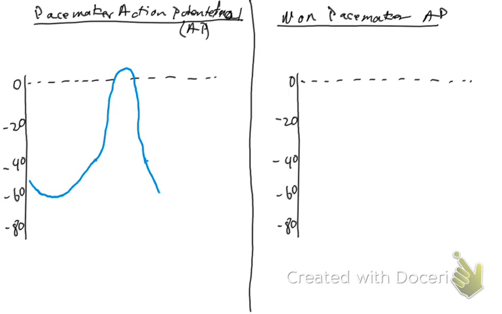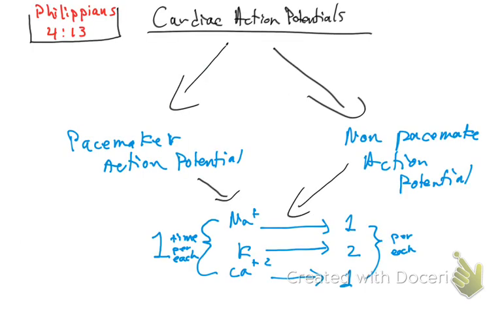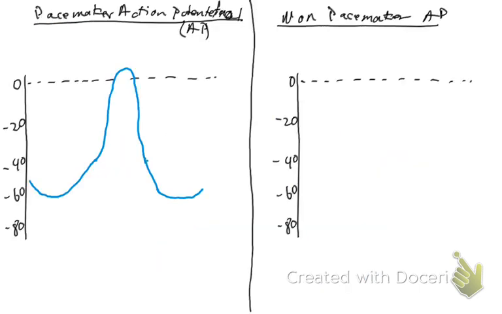Then it's going to have different electrolytes entering. Let's see the electrolytes now. Which electrolyte, from sodium, potassium, and calcium, do you remember that we mentioned, one for each phase? We have 3 phases here: phase 4, phase 0, and phase 3.